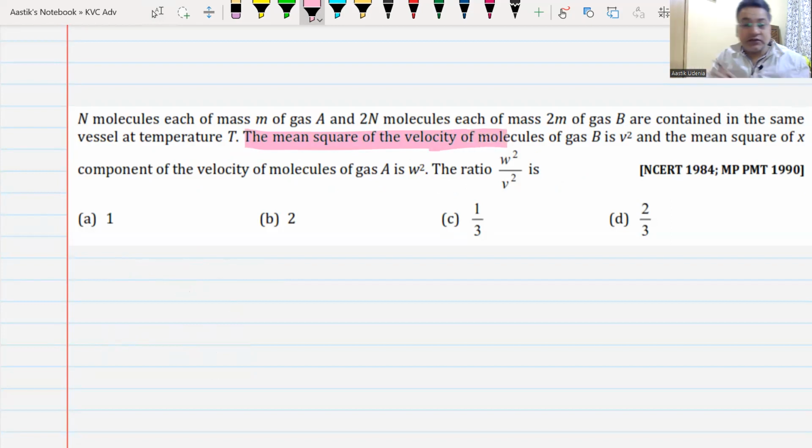The mean square velocity of molecules of gas B is V square, and the mean square of X component of velocity of molecules of gas A is W square. What is the ratio of W square by V square? I'll give you 2 minutes to get me this answer.